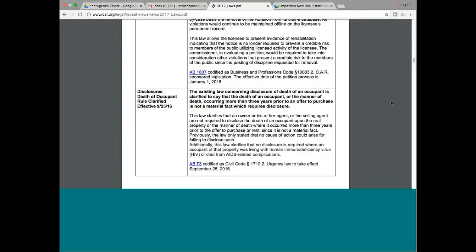However, there is no clarification on the next issue, which is, while it is the law that the owner and the listing agent are not required to disclose any death that had occurred more than 3 years ago, must the listing agent disclose any death that had occurred more than 3 years ago, if asked by the buyer.